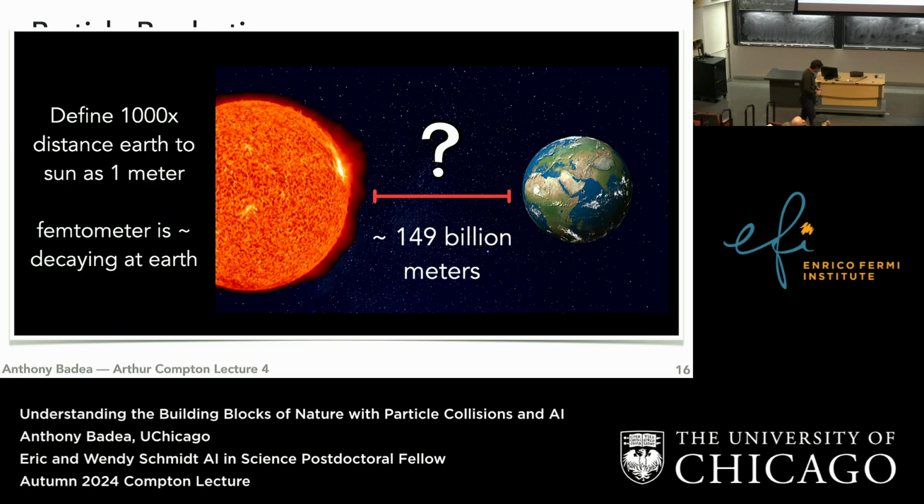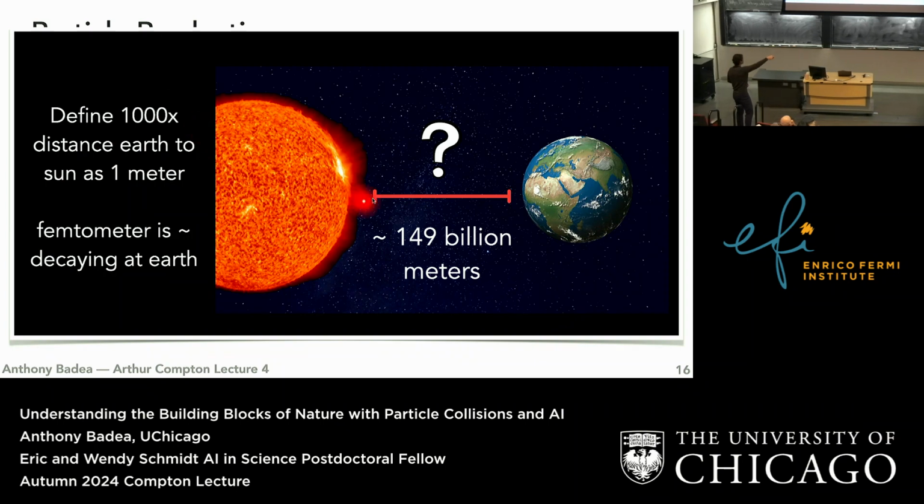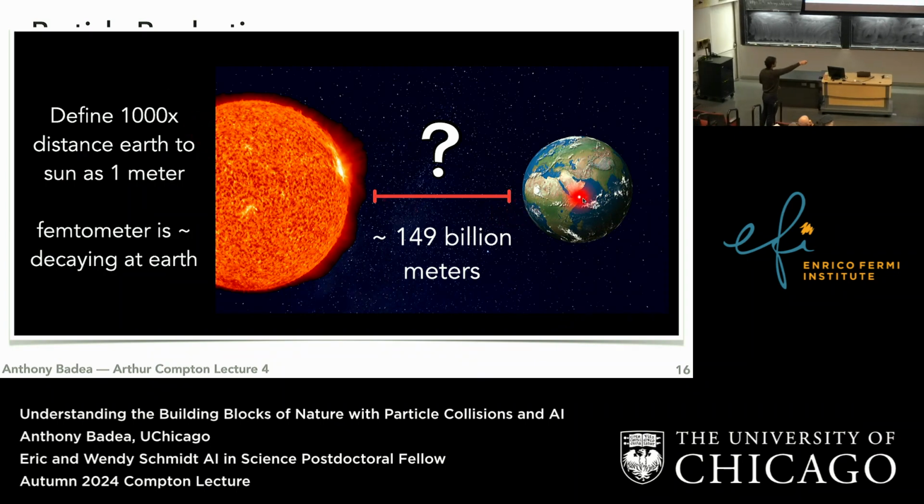So to say it one more time, the scale that we're talking about is a femtometer per c. So this is to say if I move at the speed of light, then I will travel roughly 1 femtometer. If I convert that into a scale that maybe feels more significant, the top quark decays here, and then 1,000 times this scale all the way over here is like 1 meter.